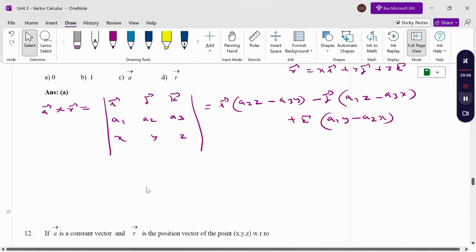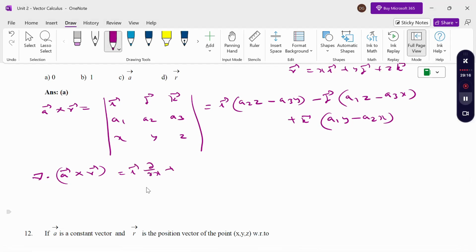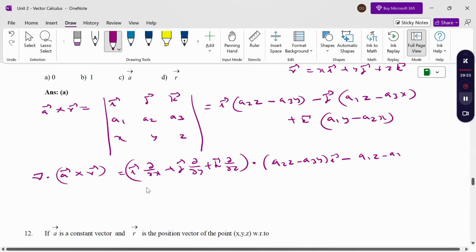So now the divergence means del dot a vector cross r vector: i vector dou by dou x, j vector dou by dou y, k vector dou by dou z, dot the whole term a2z minus a3y into i vector, minus a1z minus a3x into j vector, and then plus a1y minus a2x into k vector. i dot i is 1, j dot j is 1, k dot k is 1, other values 0.